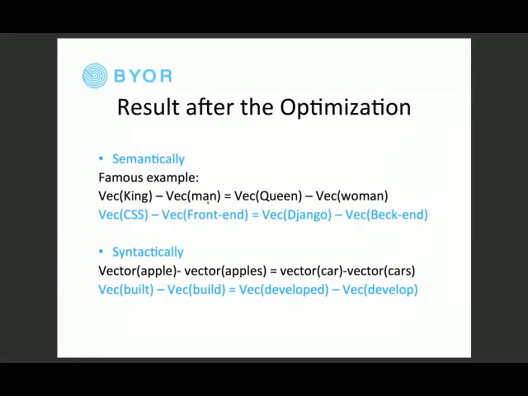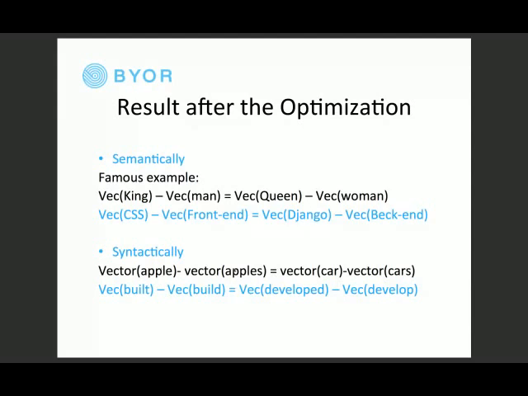And because BYOR uses lots of software engineering related corpus, CSS minus front end, we can see that Django minus backend. They are pretty similar vectors as well. And besides the semantic information, which is a very interesting result, syntactic information is also captured.